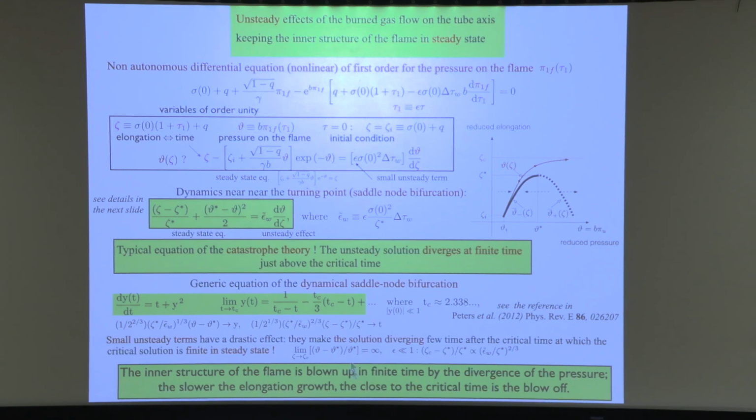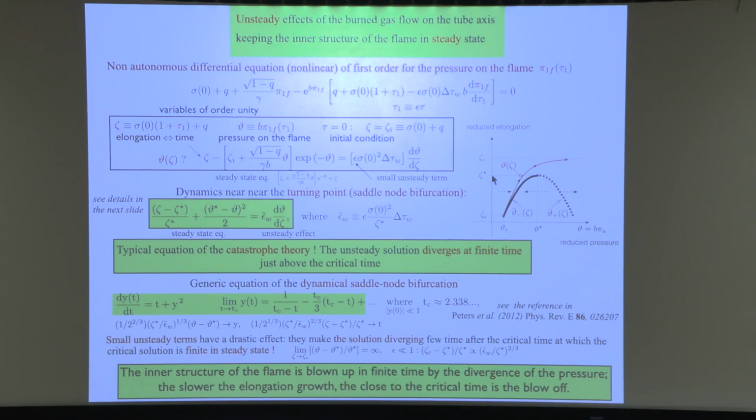And the slower the elongation rate, that is, the smaller this coefficient, the closer to the critical time. The dynamical critical elongation gets closer and closer to the quasi-steady state one.